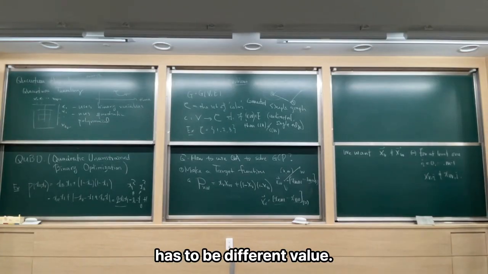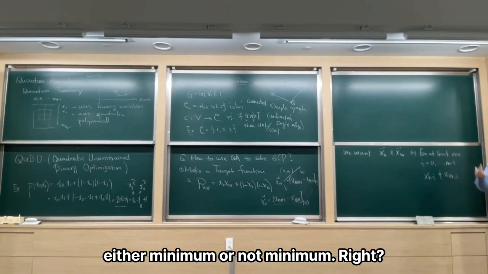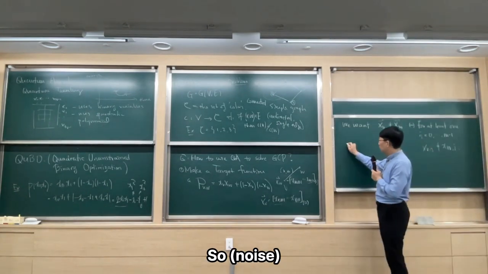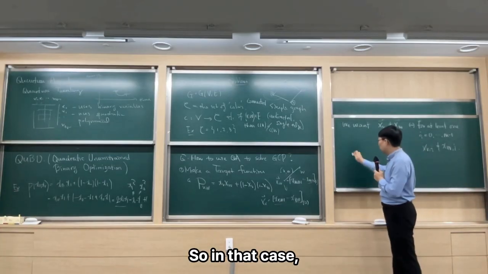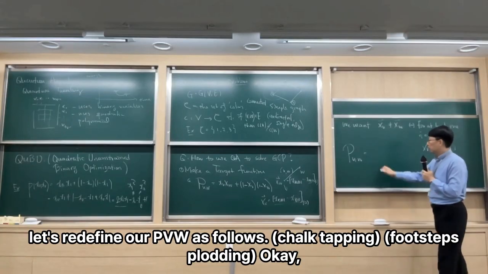It has to be a different value. So basically, there are only two values possible in our polynomial, either minimum or not minimum, right? So how do you set up that function? In that case, let's redefine our P_vw as follows.